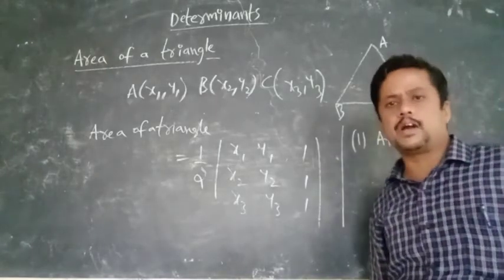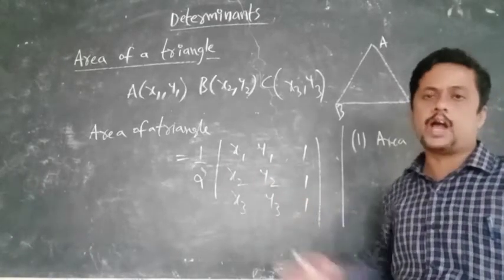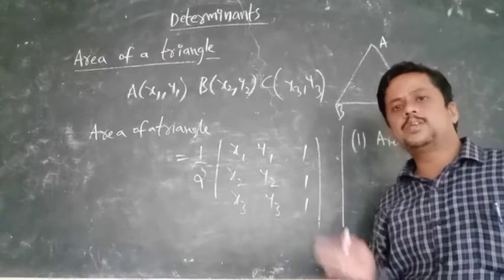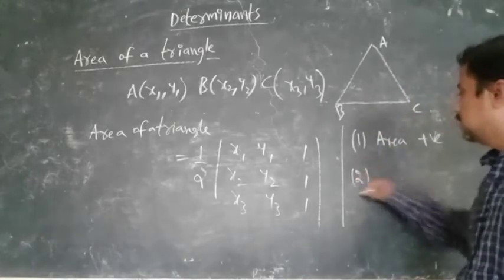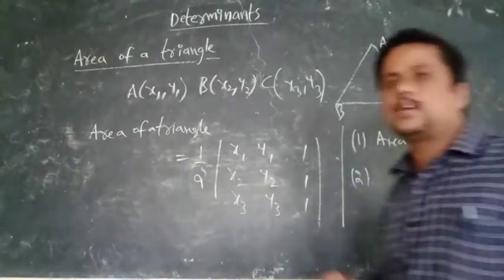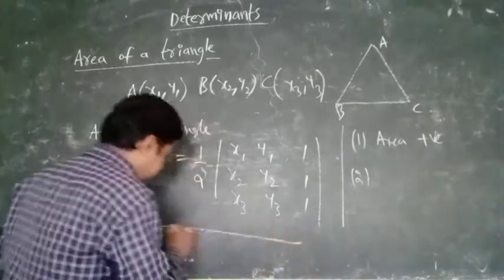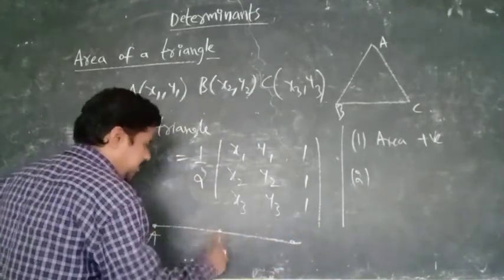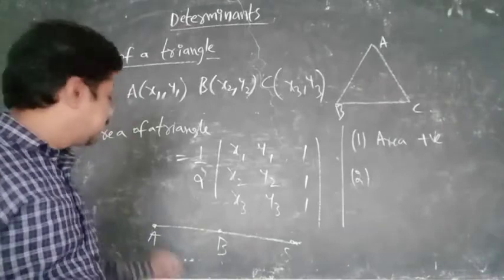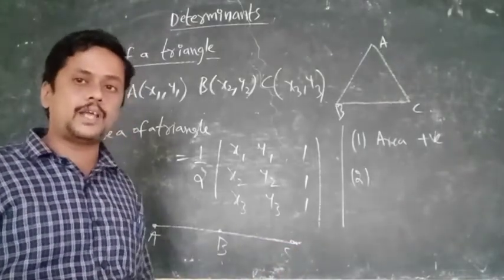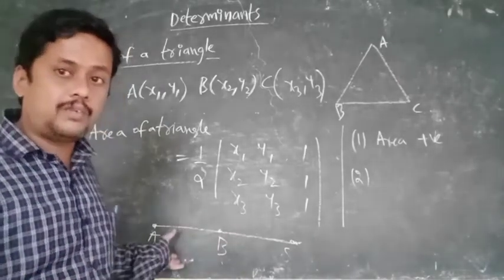Area never becomes negative. If a negative value comes when calculated, you have to put the modulus and convert it to positive. Second, if 3 points A, B, C are collinear, meaning they lie on the same line, the area of the triangle is equal to 0, because we can't frame a triangle.